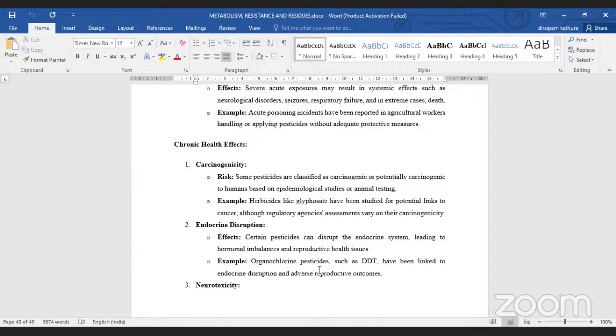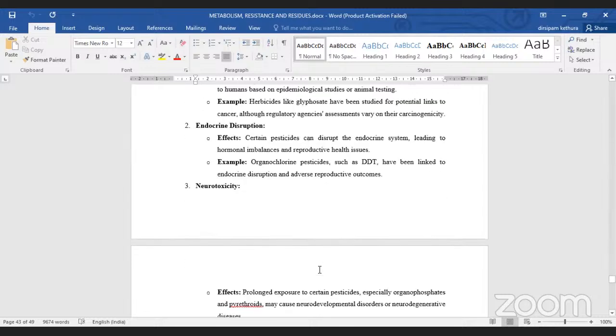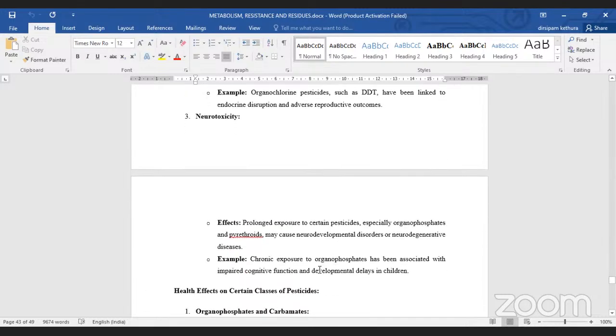The second one under long-term health effects is endocrine disruption. Certain pesticides can disrupt the endocrine system. For example, organochlorine pesticides like DDT can lead to hormonal imbalances and reproductive health issues. The third one under long-term health effects is neurotoxicity.